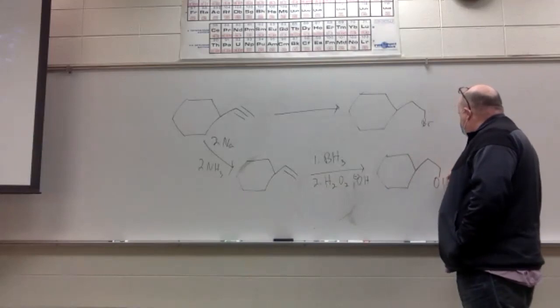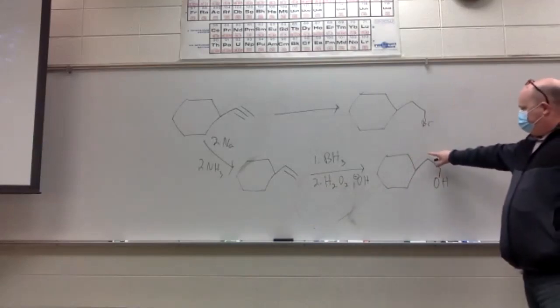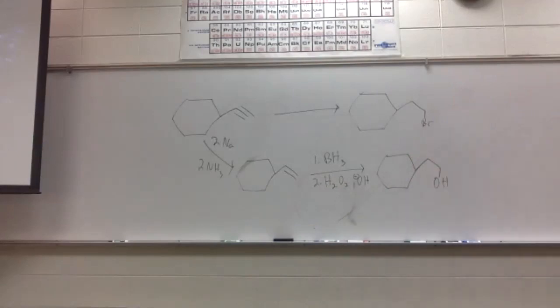In other words, that OH is going to go on that end carbon. If you did a hydration instead, the OH would have gone in the middle. This is all correct. So, yeah, go ahead.